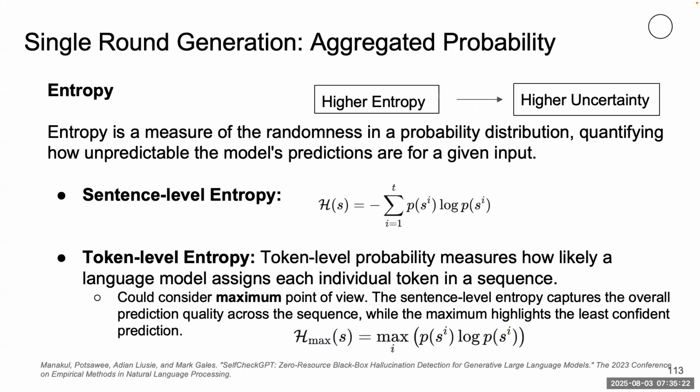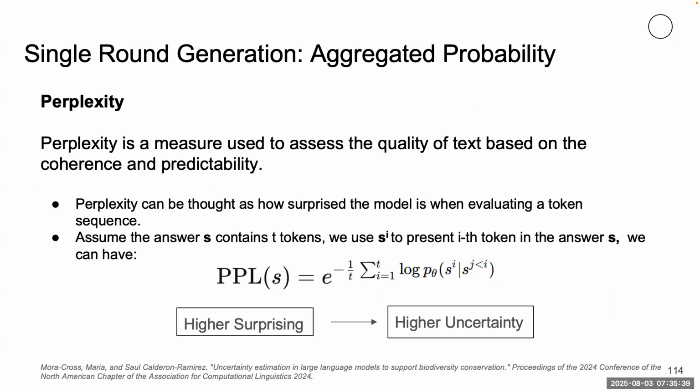And like I said before, one way to represent uncertainty is entropy. We already talked about sentence level entropy, which is a white box method, and we also talked about token level entropy. Different from entropy, another method people use is perplexity, which is especially designed for sequences like language. For perplexity, we use the probabilities of the newly generated tokens.